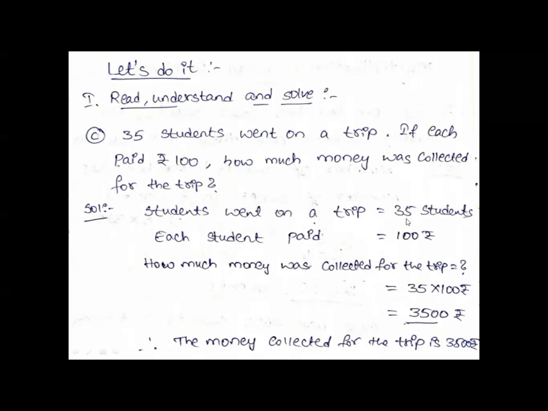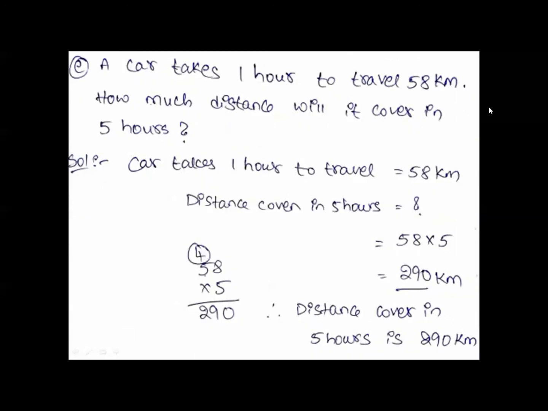Each student, how much did they pay? 100 rupees. How many members? 35 students went. Okay, we have to write 35 into how much they paid? 100 rupees. 35 into 100, how much? The total product was 3500 rupees.